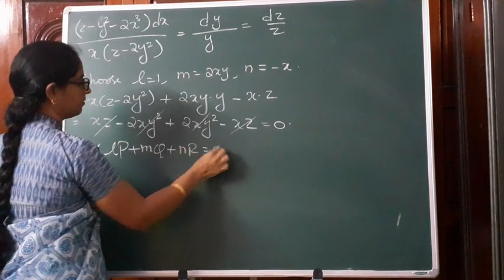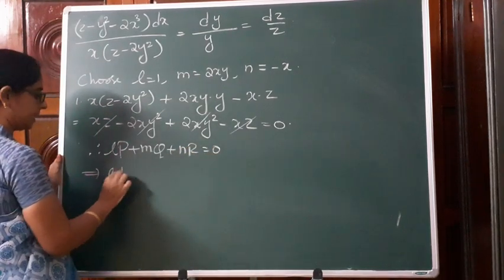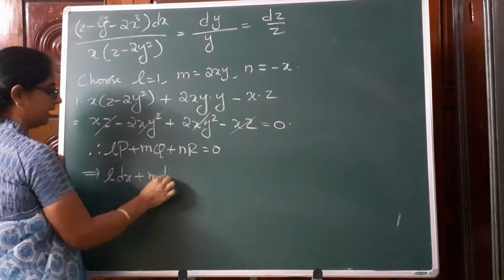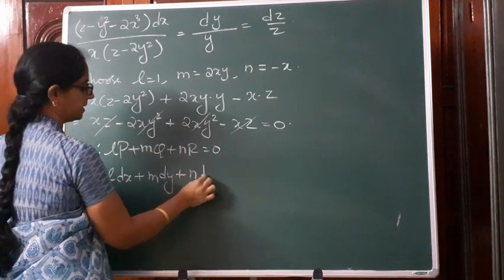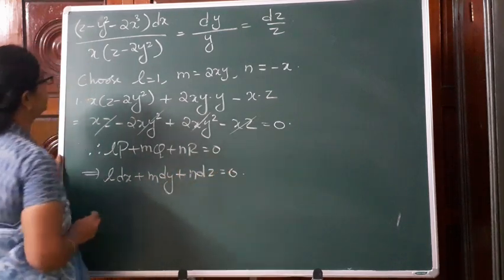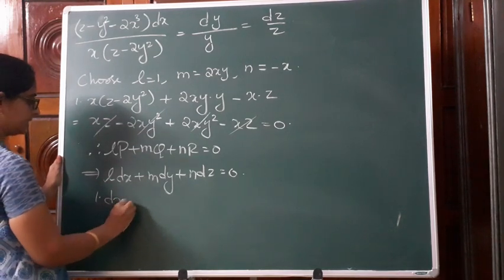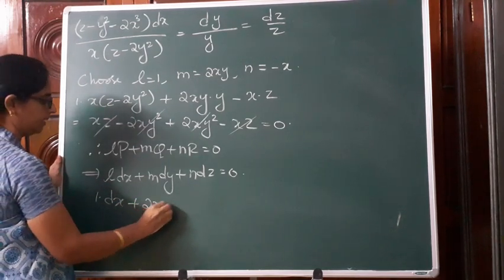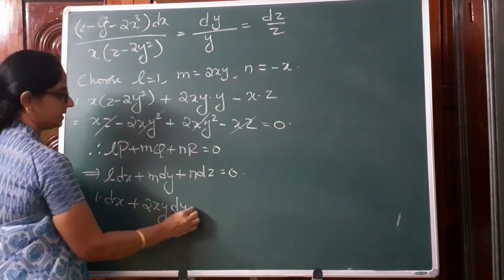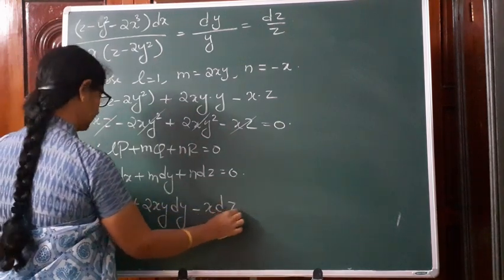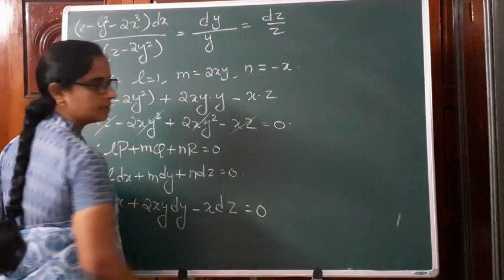So from this we get L dx plus M dy plus N dz is equal to 0. That is, L is 1, so 1 into dx plus M is 2xy dy plus N is minus x dz is equal to 0.